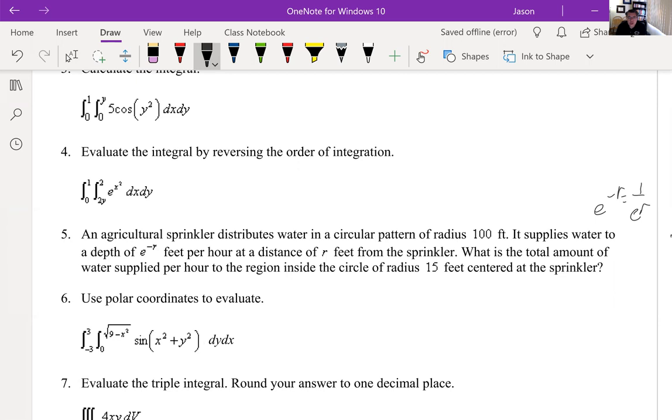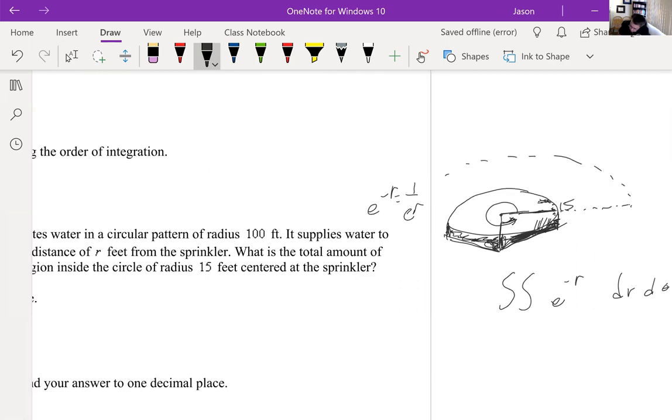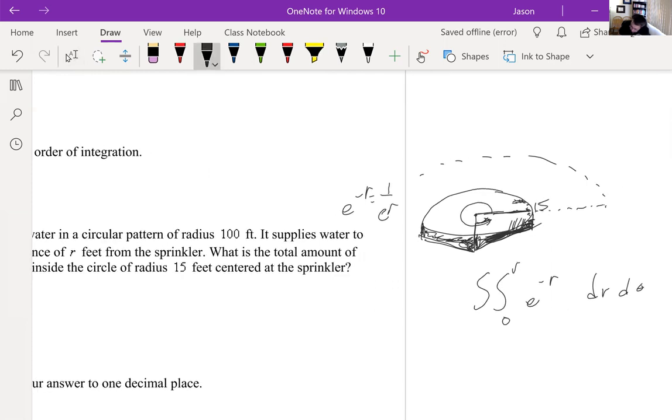It says, what is the total amount of water supplied to the region inside a circle of radius 15? So we're not going all the way out to 100. We just care about what happens up to 15. So r goes from 0 to 15, and the sprinkler goes around in a circle, so theta goes from 0 to 2 pi.